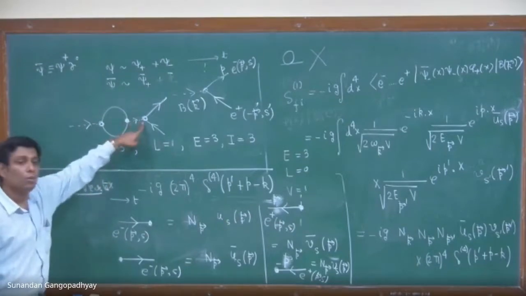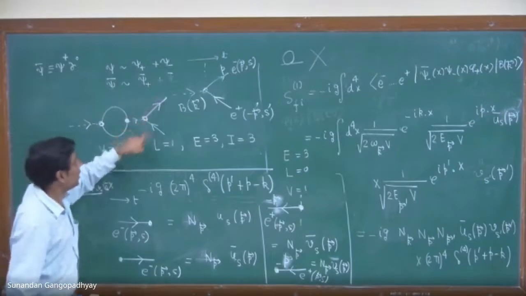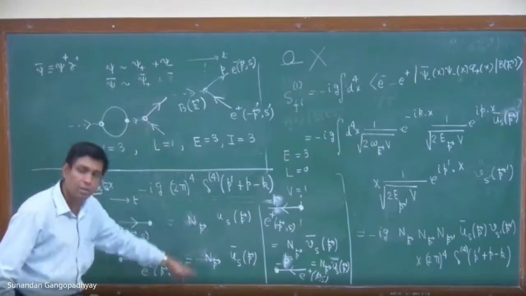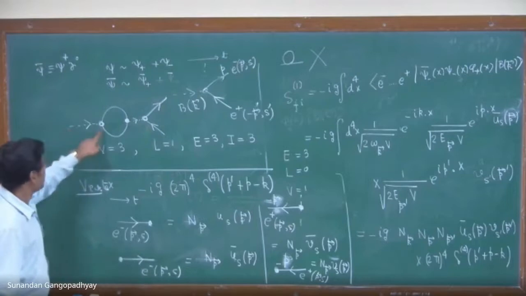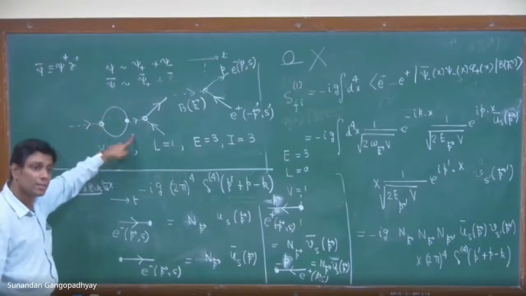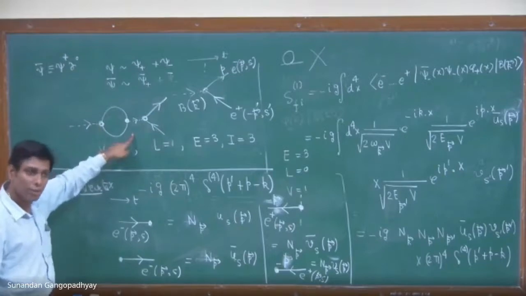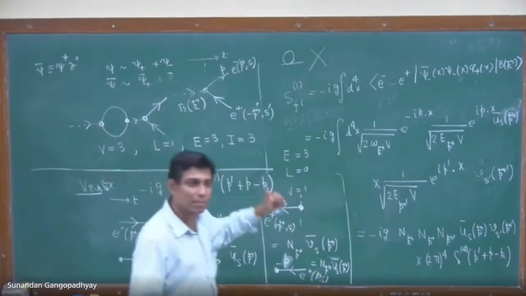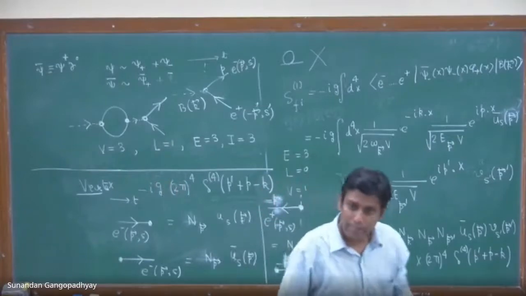Momentum space, this rule you know. External line, electron, we have derived just now. Fermion propagator we have discussed. So can you write down the mathematical expression for this? You can write it down.